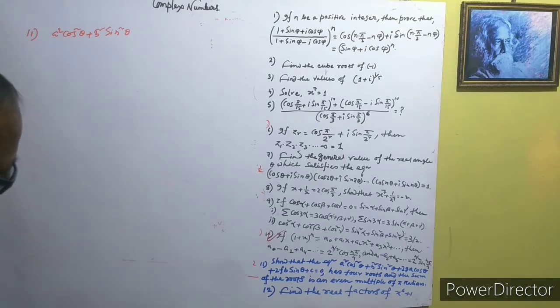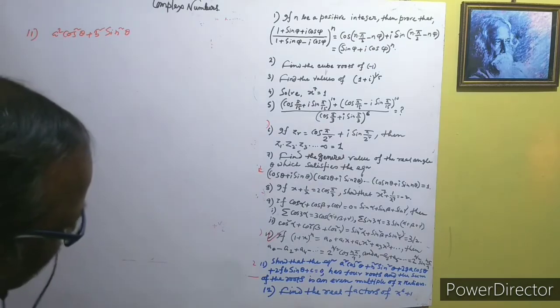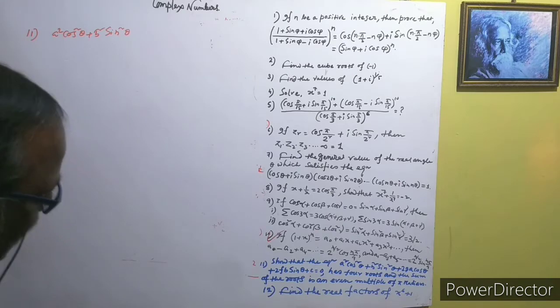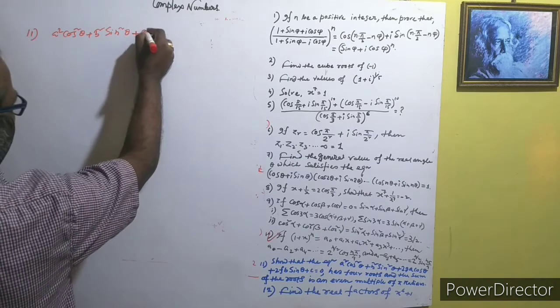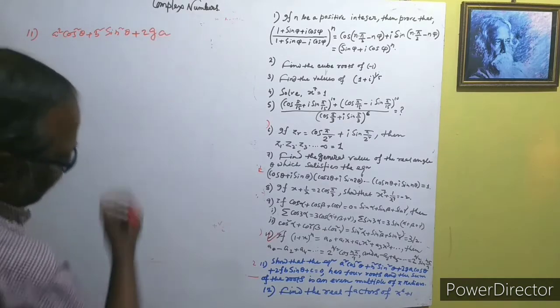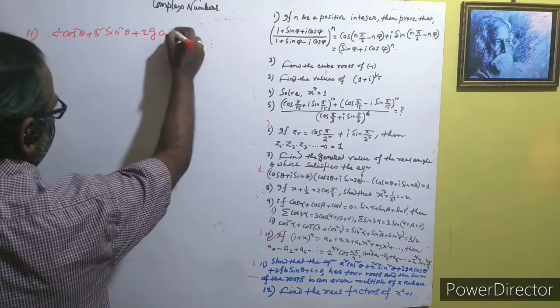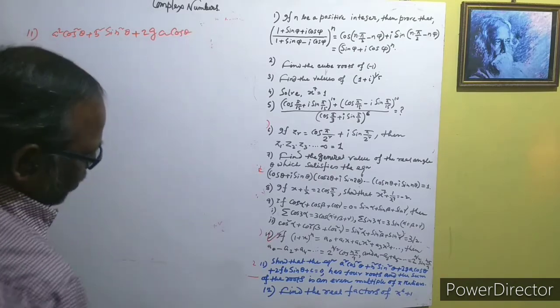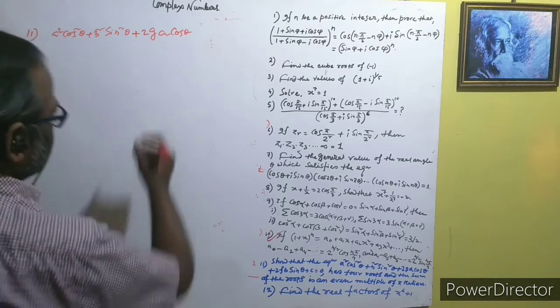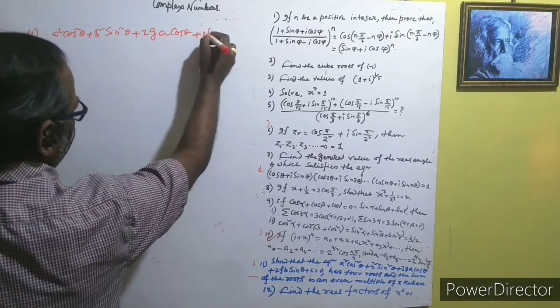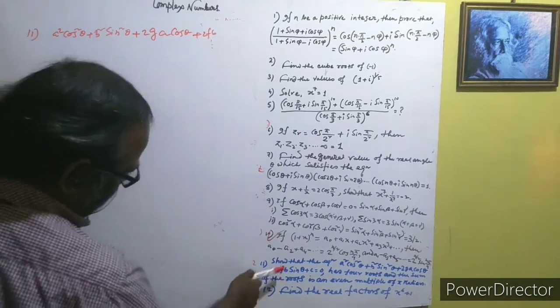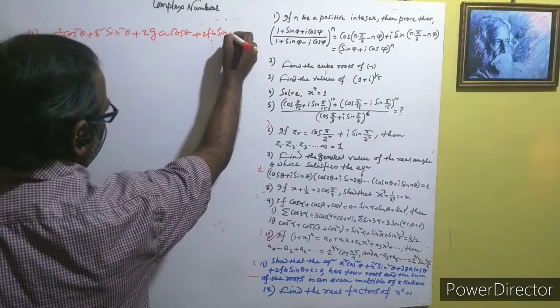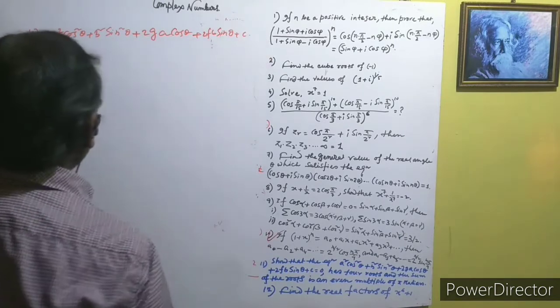So the equation is a square cos square theta, b square sin square theta, plus 2ga into cos theta, plus 2ab into sin theta, plus c.